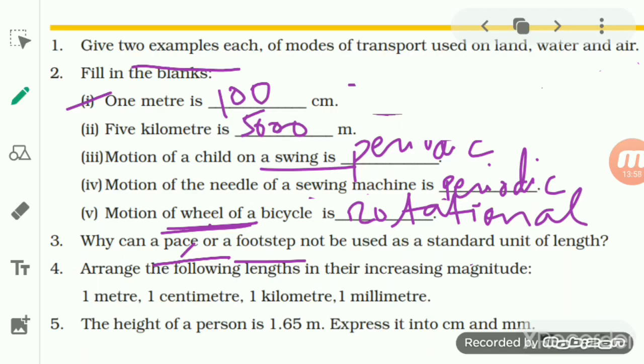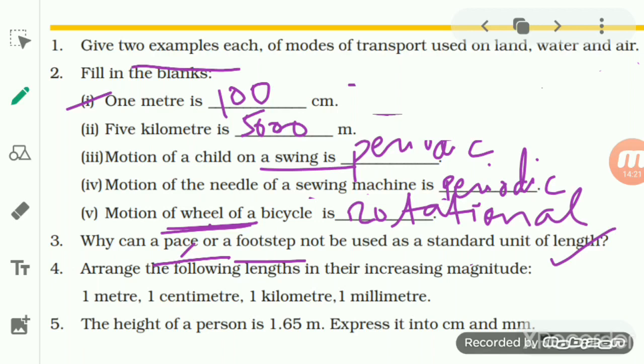Due to this reason, the footstep or pace cannot be used as a standard unit of length, because it varies from person to person. Although earlier it was used as a measuring instrument.